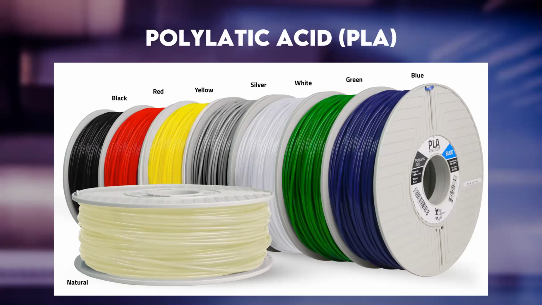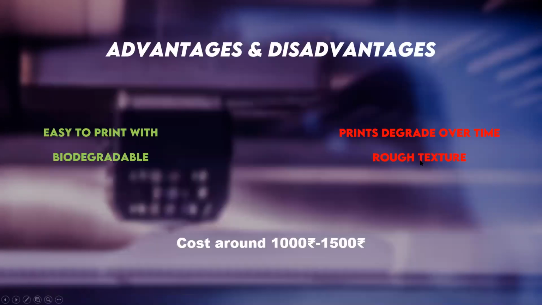Okay, so the advantages and disadvantages. The advantages I've already said: it is easy to print with, on any kind of 3D printer that you have, let it be a higher cost or an industrial type 3D printer, and you can also print PLA with our normal desktop 3D printers, which come around $200 or around 15,000 rupees.